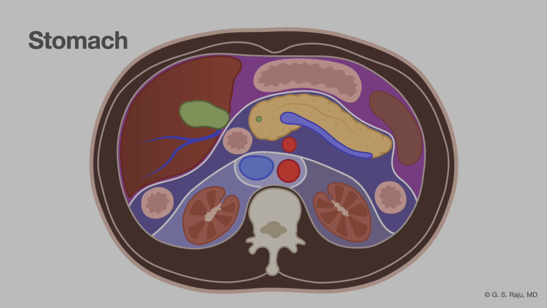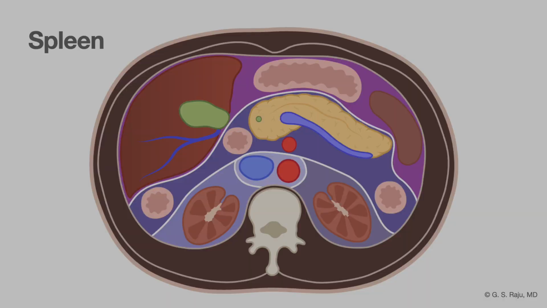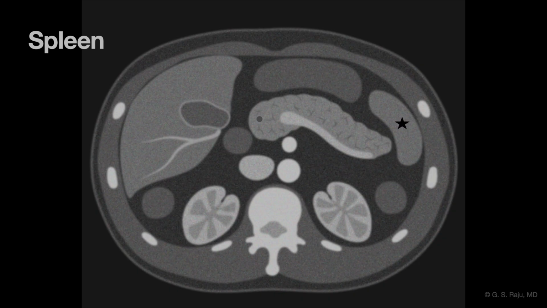As you come in front of the pancreas, you may see the stomach. Here is the stomach. And then to the left of the patient's body, you may see the spleen close to the tail of the pancreas. And here is the spleen.